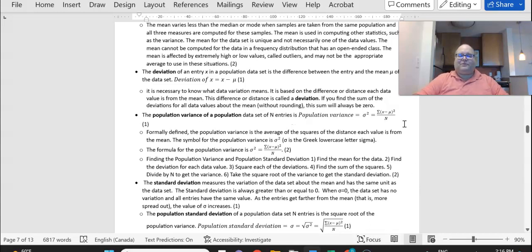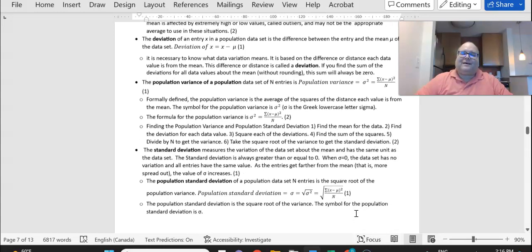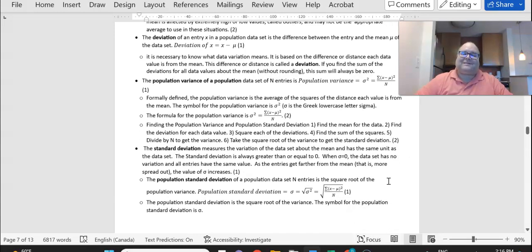This can be computed by hand using the formula, the sum of the squares of the differences between x and mu, our population mean, where x is our data value, all divided by n. And the square root of that is called our population standard deviation.